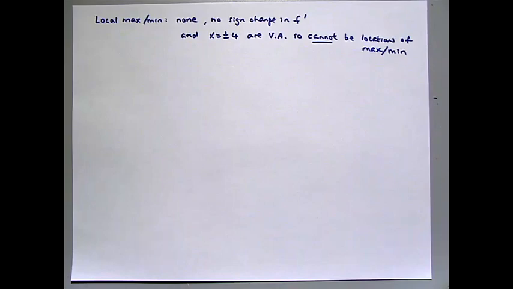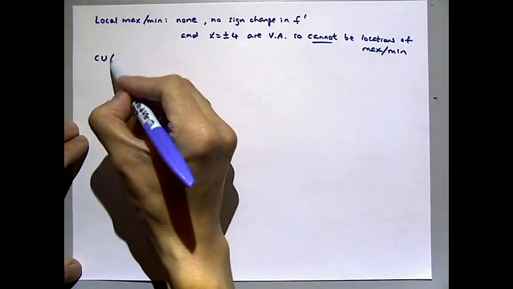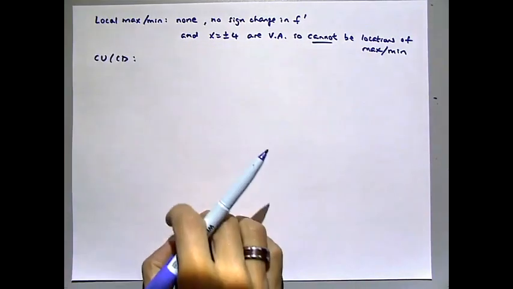Okay, so far we don't really have much. We have asymptotes, we have one point, we know it's always decreasing, but no max or min. We'll carry on with the next step here.